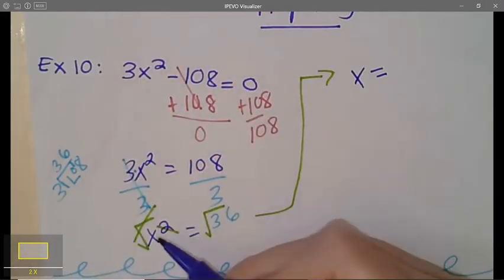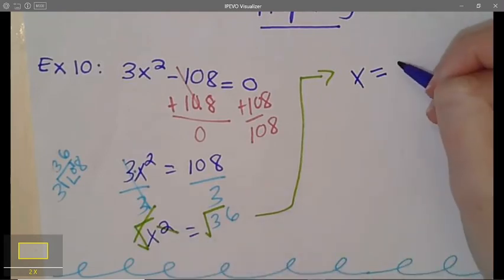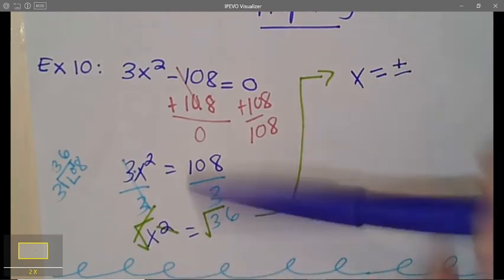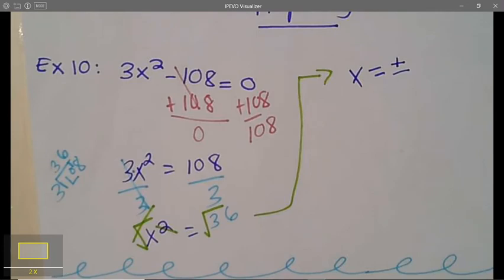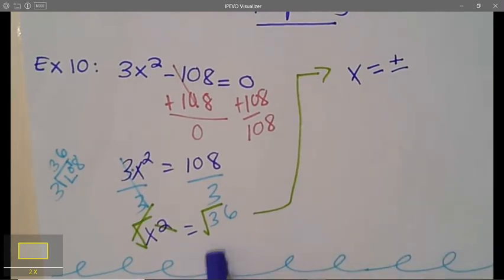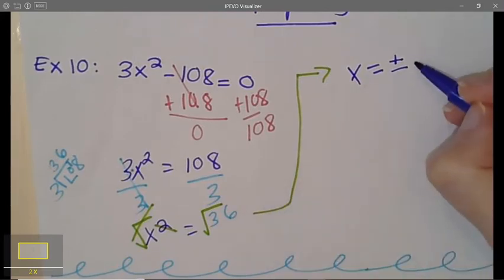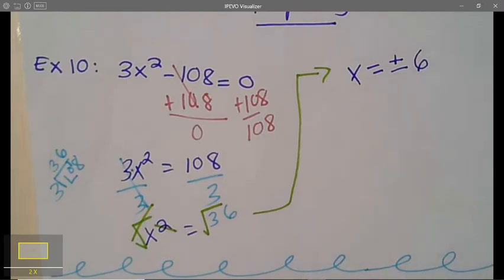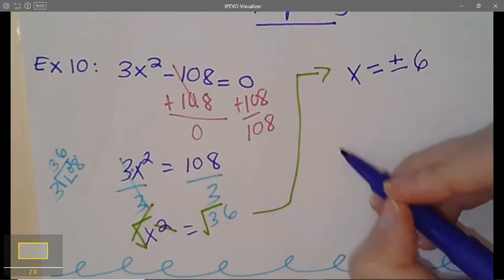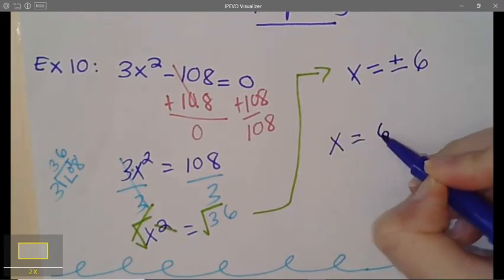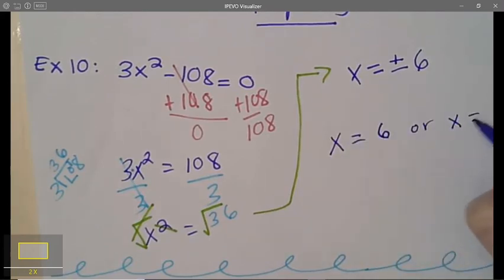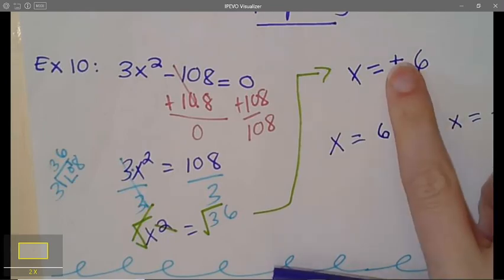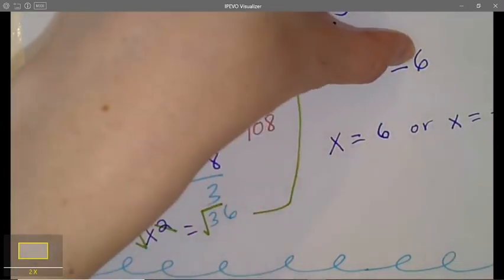So remember, when you square root both sides of an equation, a plus or minus will always appear. Don't forget it. The square root of 36 is 6. So x equals plus or minus 6. What this means is x could equal 6 or x could equal negative 6. It could equal the positive or it could equal the negative.